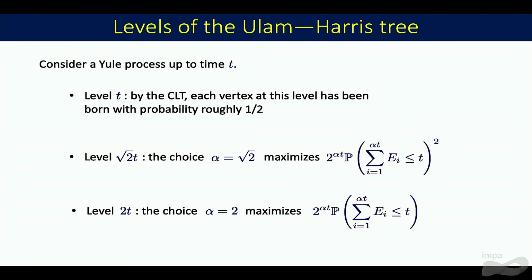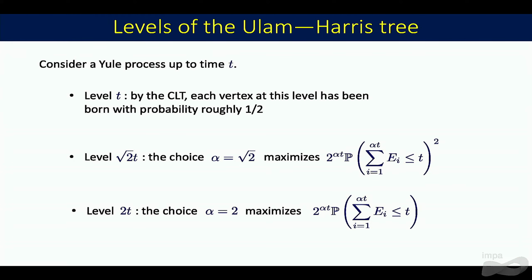And so this is a large deviation calculation. This is nice because for exponentials we know the large deviation rate function, so this is pretty explicit. You can optimize this, and it's optimized at alpha equals square root of 2. And then this gives the lower bound that we talked about.